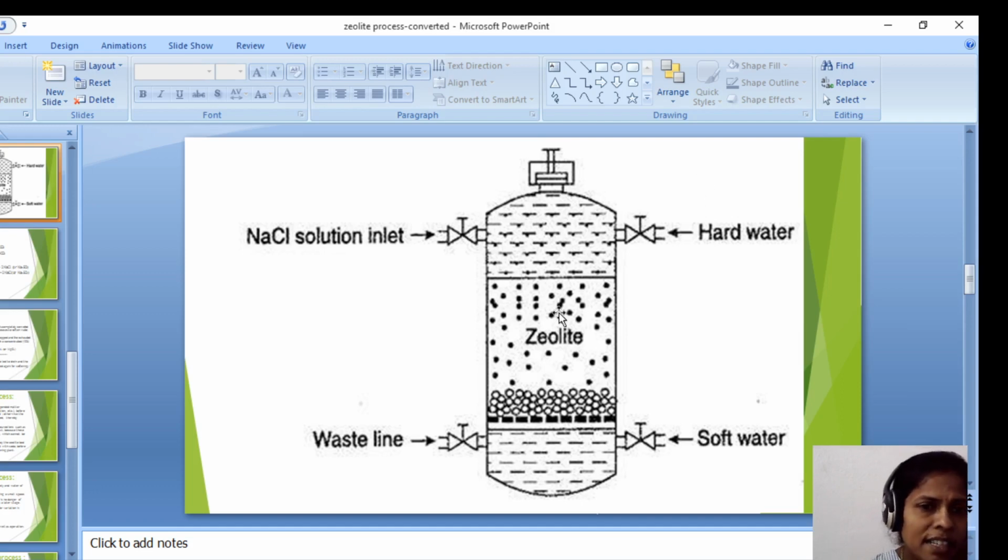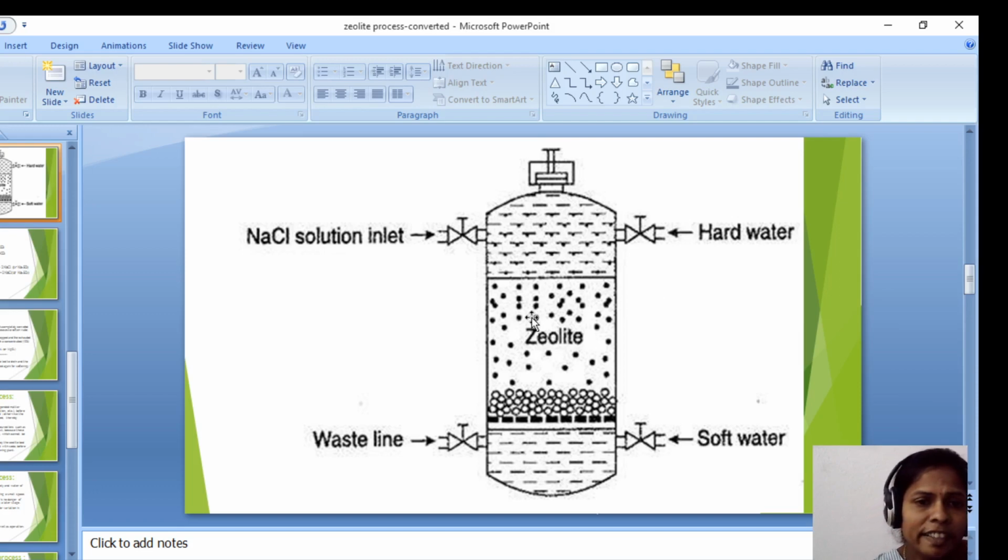So when we pass hard water through this zeolite, we will not get soft water, because the efficiency of the zeolite is decreasing. It will be exhausted at one point because there are no sodium ions left to replace calcium and magnesium.